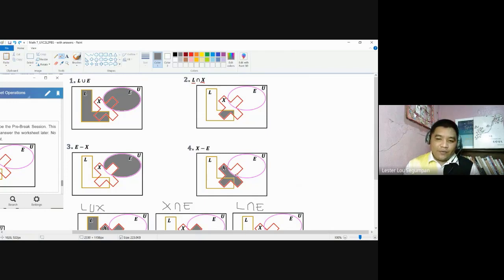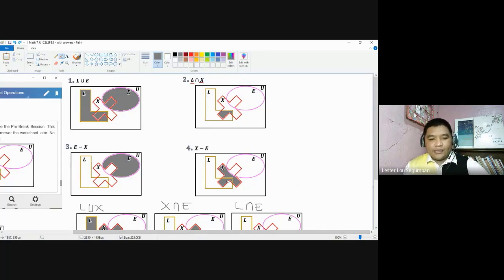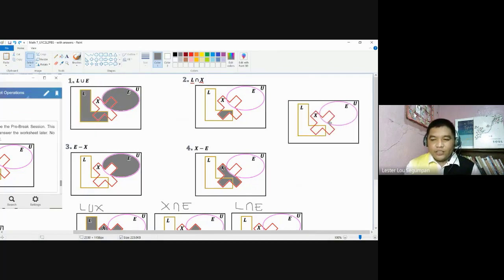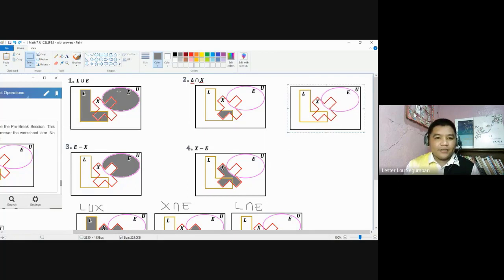So what is left most probably looks like a brick in your Tetris game, if you're familiar with it. Looking at number 3 and number 4, some parts of the original set were taken away. So if we are going to add another item just for discussion purposes, what if we have here L minus X?